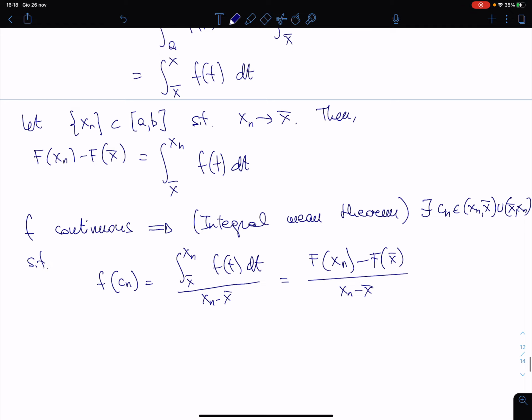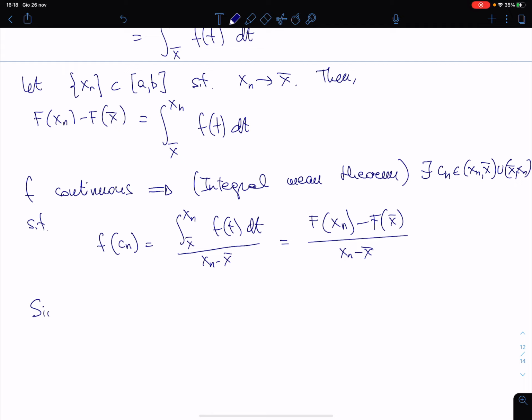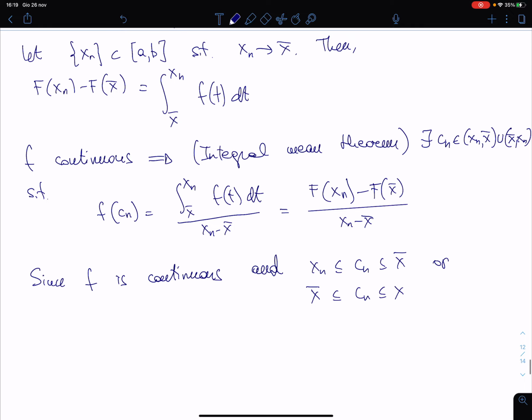Now, since f is continuous, here we use continuity at the end, and we have that xn is less or equal Cn less or equal x bar, or x bar less or equal Cn less or equal xn, or more generally, zero is less than or equal to the absolute value of x bar minus Cn, less than or equal to the absolute value of xn minus x bar.